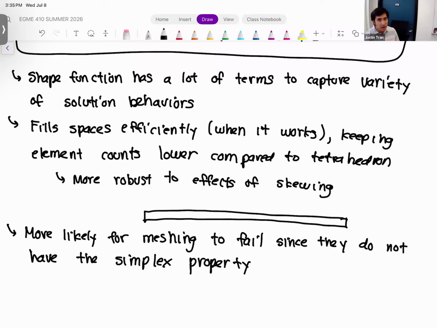So for this class, just try to get a hexahedron quadratic mesh and see where that takes you. But just know that for more complicated cases, you have to be a little more careful beforehand, because the meshing can be more complicated and more expensive to do.